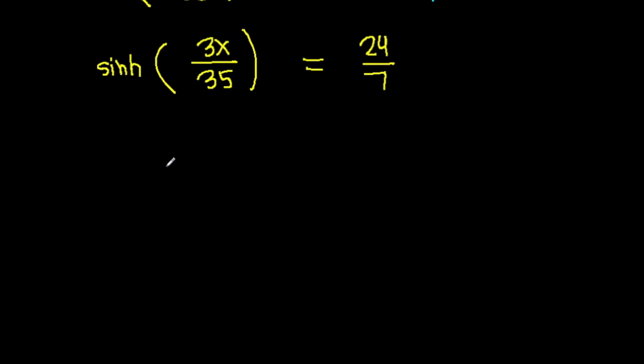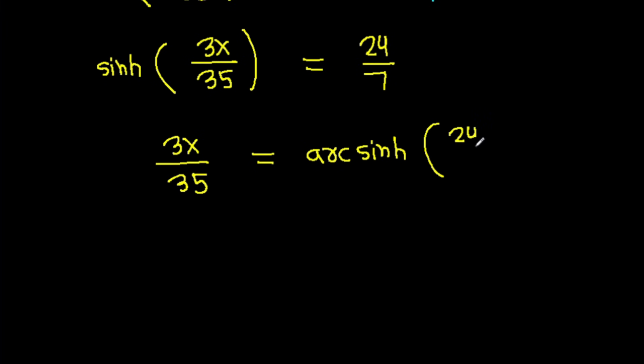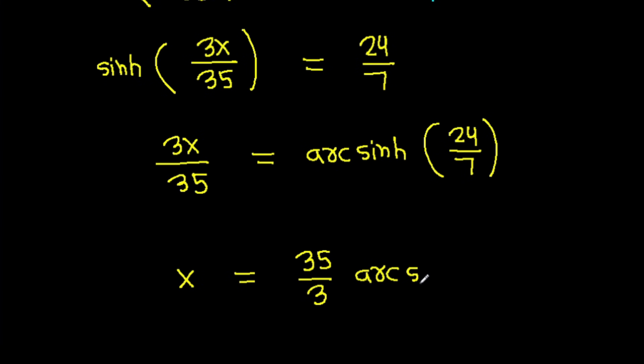and 3x over 35 will be arcsinh of 24 over 7, and x will be 35 over 3 times arcsinh of 24 over 7.